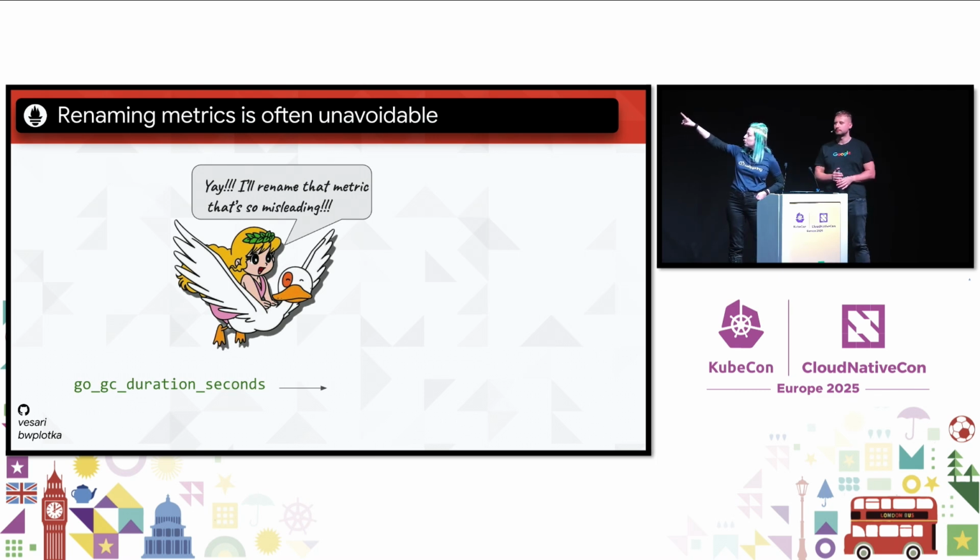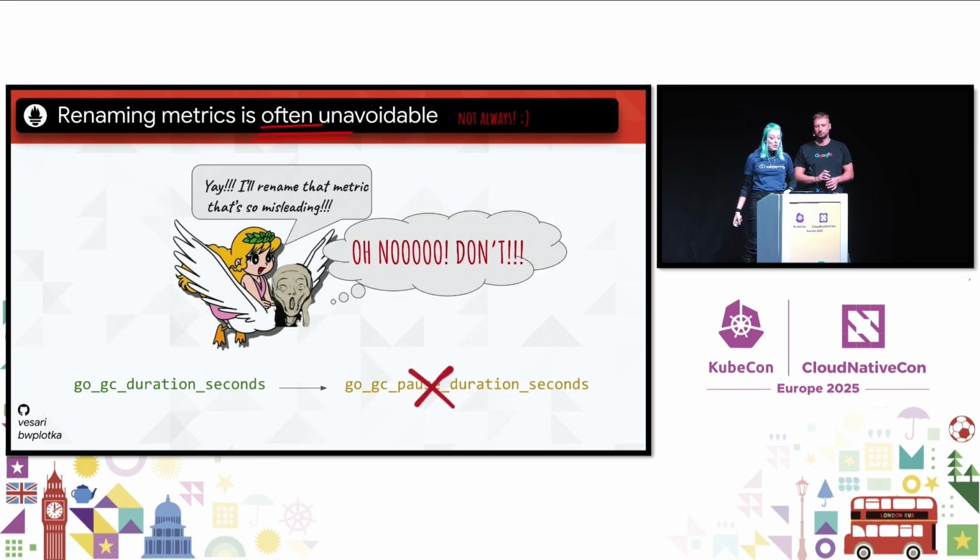You read go_gc_duration_seconds, GC stands for garbage collection, and you think, what does this measure? The duration of the garbage collection cycle, right? No, it does not do that. It's actually the duration of the stop-the-world phase of the garbage collection cycle. But that's misleading, right? So we really wanted to change that, but we got scared.